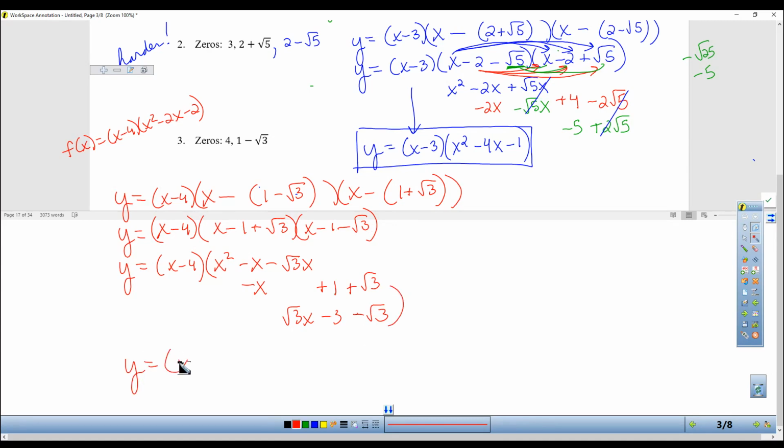For a final answer of x minus 4 times x squared minus 2x, these cancel, minus 2. There you go. A little bit tricky, so good job.